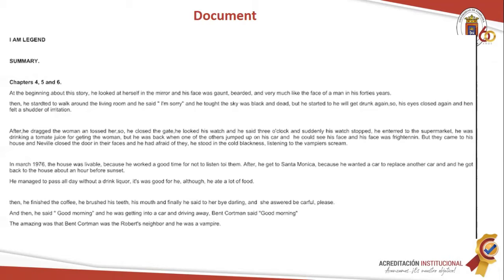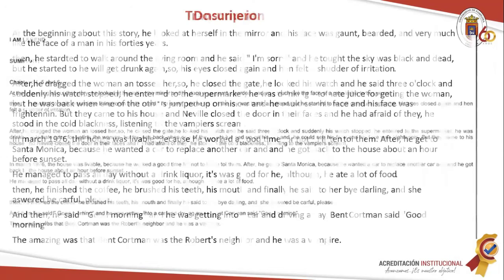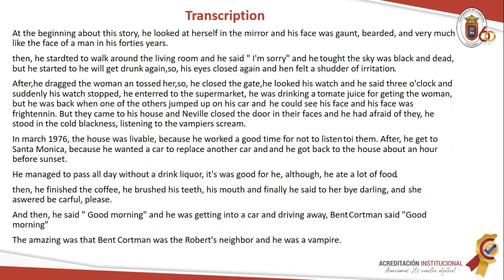So for you to read it better, I already transcribed it. You're going to realize that there are some errors and some mistakes. So what we're going to do right now is take a deeper view of this.